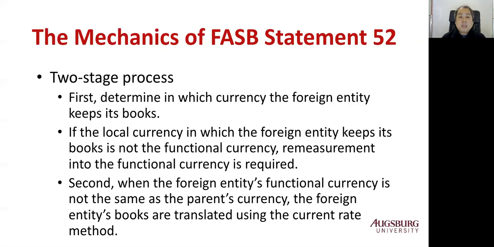And second, if the foreign entity's functional currency is not the same as the parent's currency, which is the reporting currency, the foreign entity's books are translated using what method? The current rate method, instead of the temporal method. Okay.